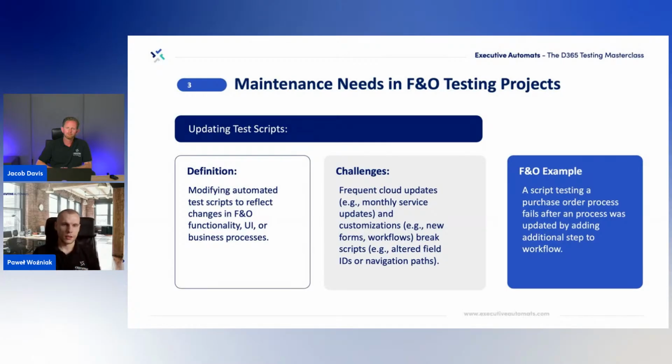So we need additional approval in the workflow. Of course it will affect every test case that is working on the process. So it means we would need, in this kind of situation, to update our test cases with this additional step within the workflow. So this is an example of quite a typical updating-the-test-case type of maintenance.